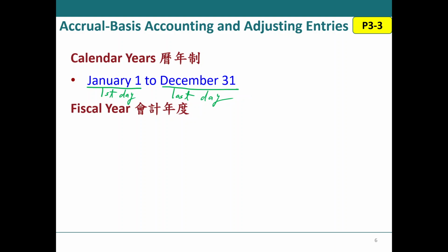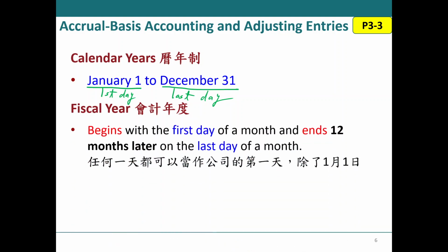Now how about fiscal year? Fiscal year means the first day could be any date except January 1st. So fiscal year, the first date could be any day except January 1st.